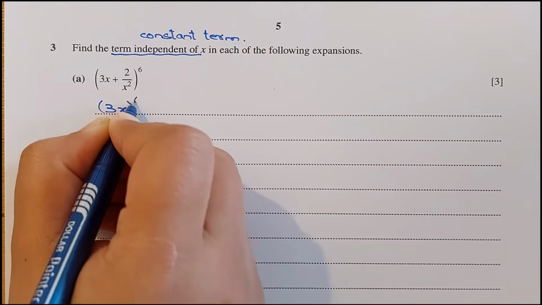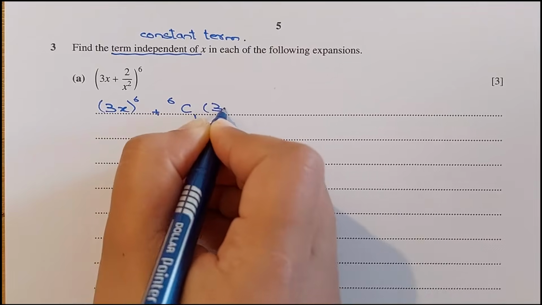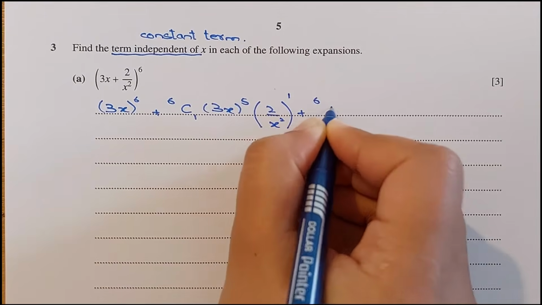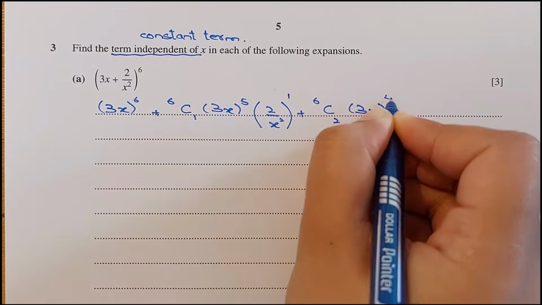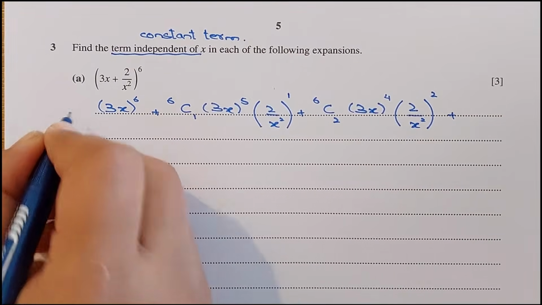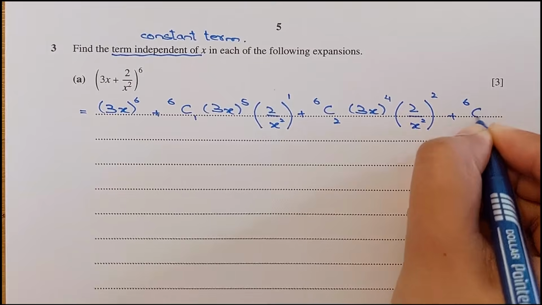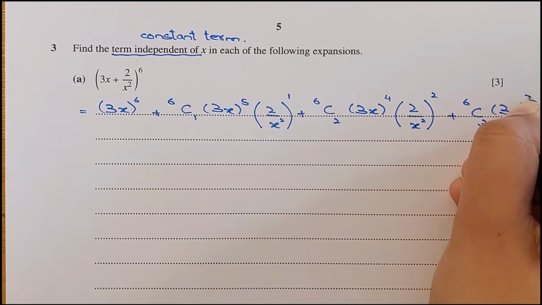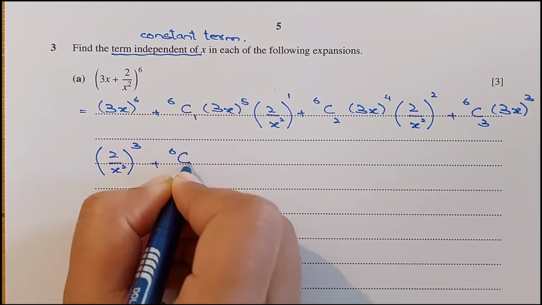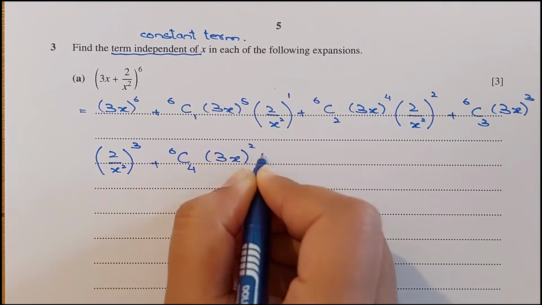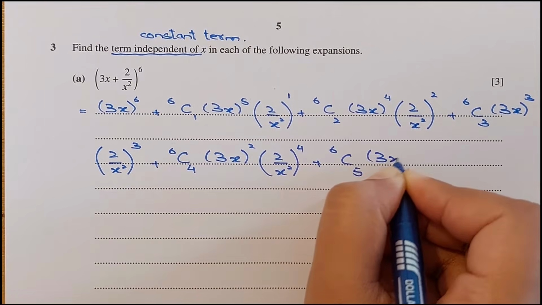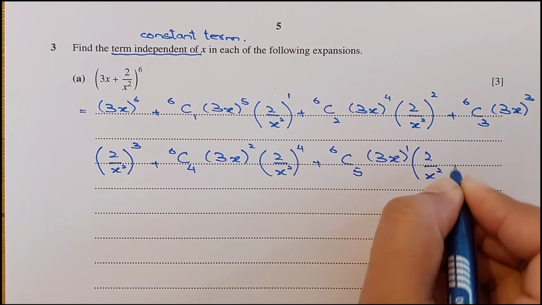So (3x) power 6, plus 6c1, (3x) power 5, and the second term 2 by x square, its power is 1, plus 6c2, (3x) power 4, and (2 by x square) power 2, plus 6c3, (3x) power 3, and (2 by x square) power 3, plus 6c4, (3x) power 2, and (2 by x square) power 4, and 6c5, (3x) power 1, and (2 by x square) power 5.